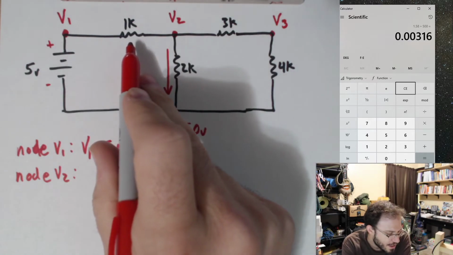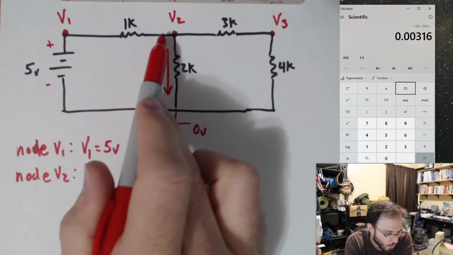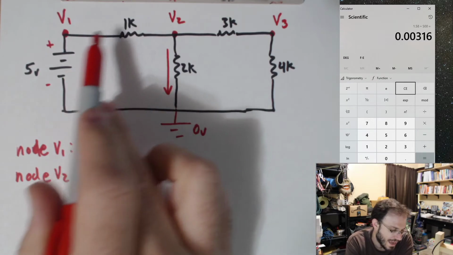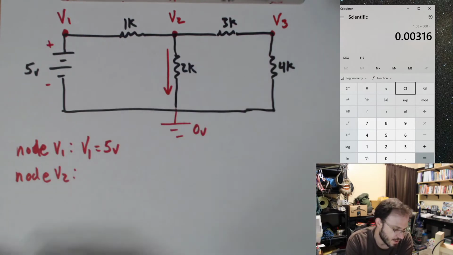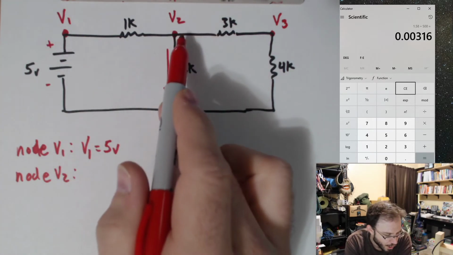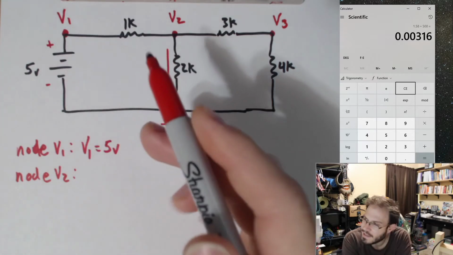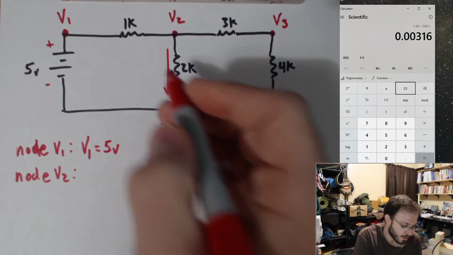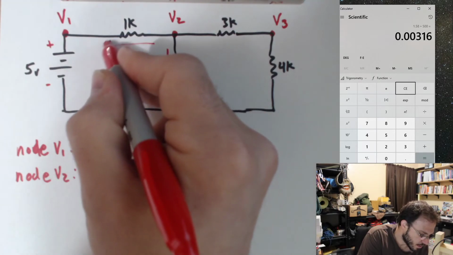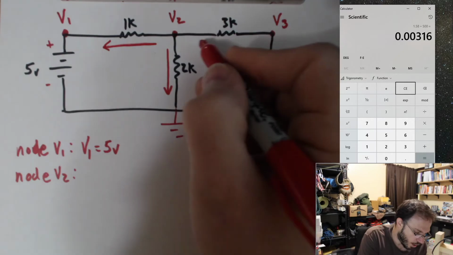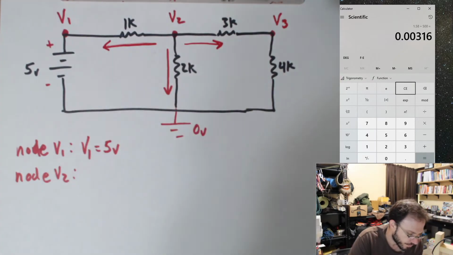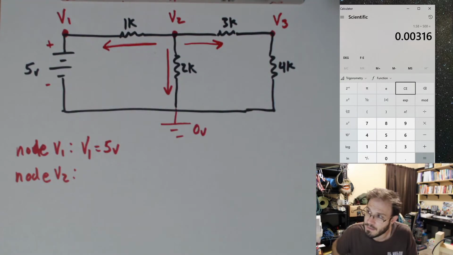Now, I know that I'm going to lose some voltage across this 1K, and I know that 5 volts is the highest voltage in this circuit. So V2 should be lower than V1. That's okay. I'm still going to pick this to go to the left. I'm going to not overthink this. I'm actually just going to pick all of my currents to leave because I just can't make up my mind.